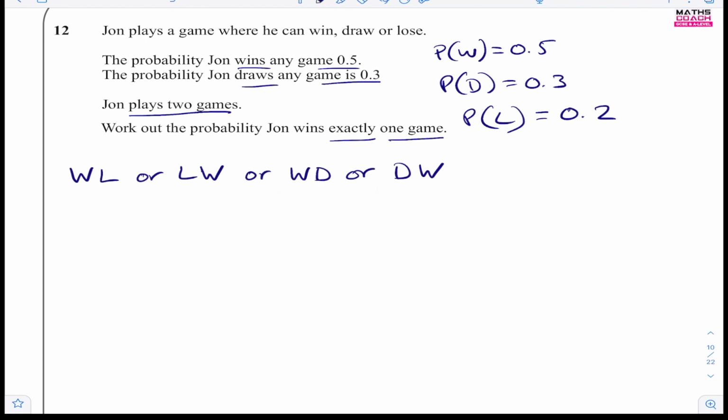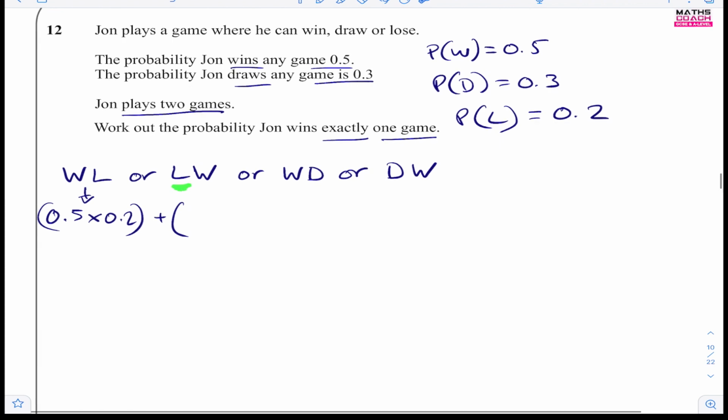So let's go ahead and find all these probabilities. So win and loss. In probability, and means times. So we are going to do 0.5 times 0.2. And that's this right there. In probability, or means to add. So we are going to add the next one. So the next combination is where he loses the first game and he wins the second game.